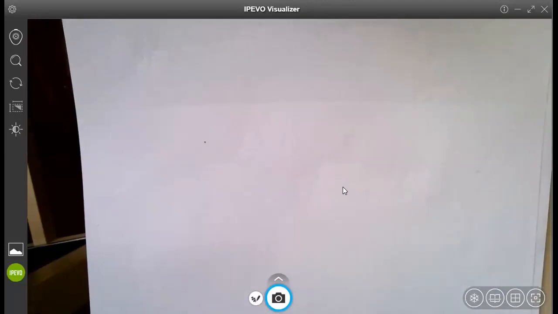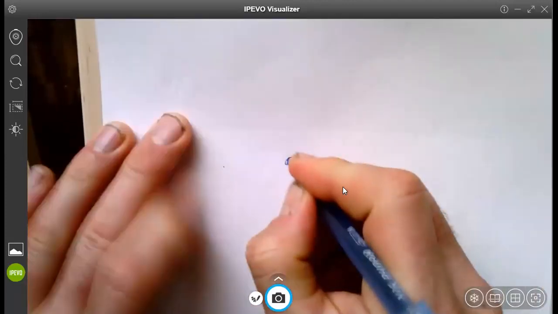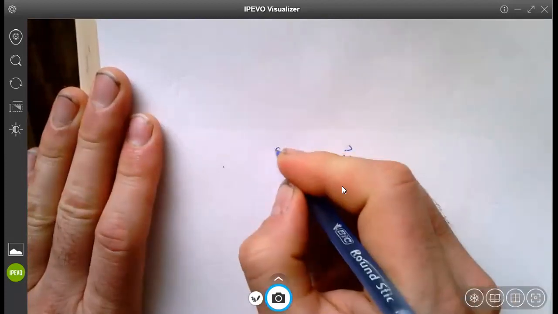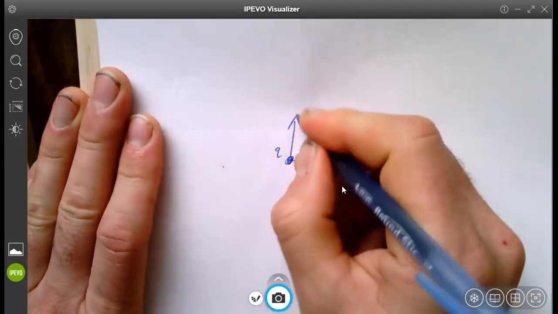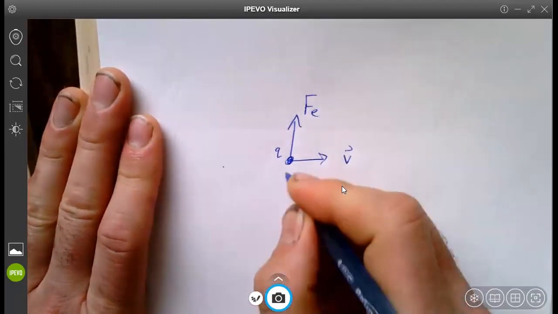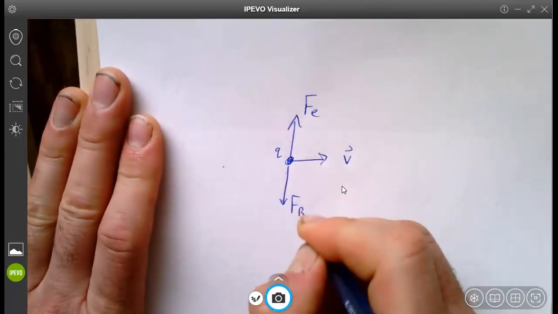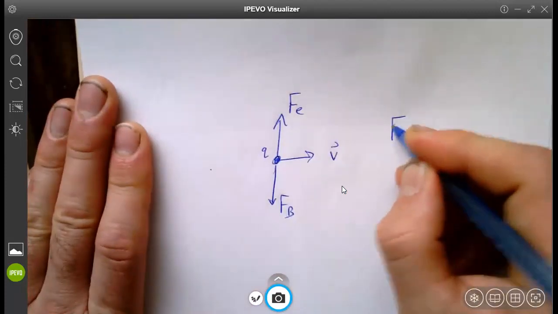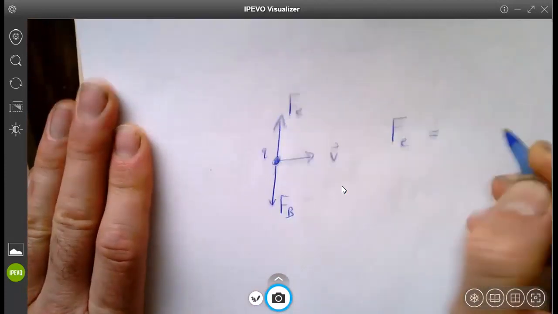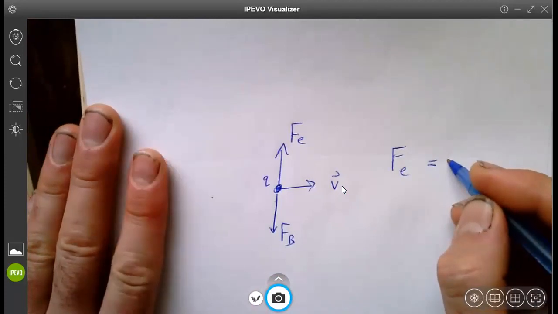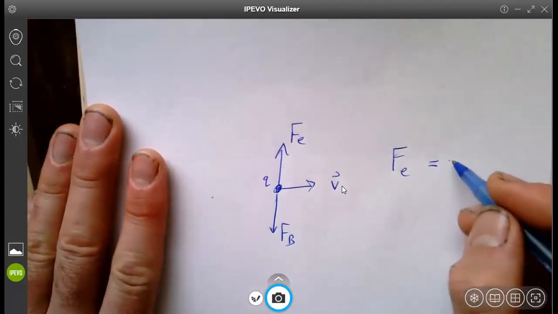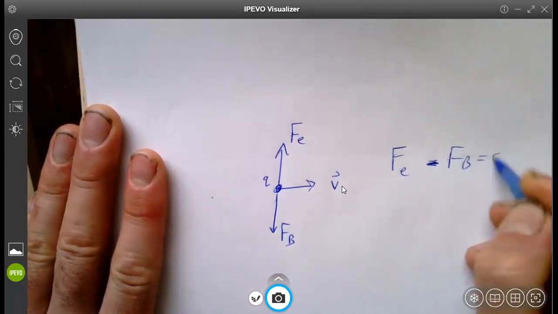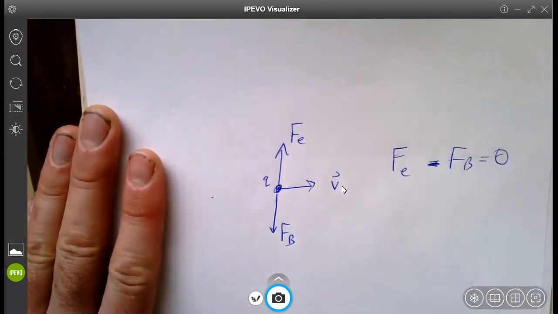So in that case, we could say that this is my charged particle, and it's moving in this direction. This is its speed v, and it has charge q. We're going to have a force from the electric field that's pointed up and a force from the magnetic field that's pointed down. So the force of the electric field minus the force of the magnetic field is equal to 0, so they're canceling each other out.